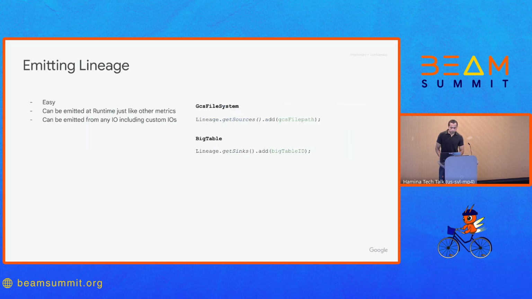So emitting lineage from any of the Beam transforms or IOs is pretty easy. All you have to do is call lineage.getSources or getSinks, and then add the resource locations which you are reading or writing from. It can be used like any of the metrics in Beam, and it can also be done in any custom IO which any developer writes.